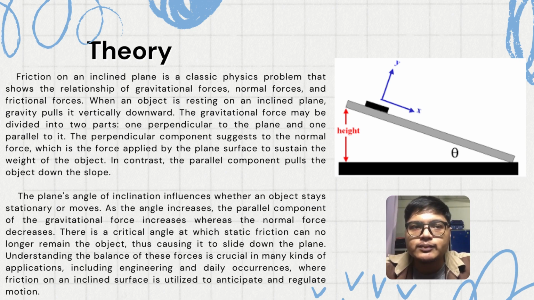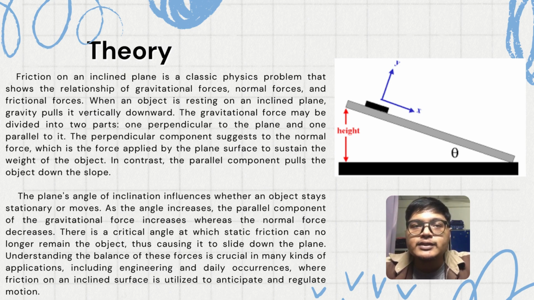The gravitational force may be divided into two parts, one perpendicular to the plane and one parallel to it. The perpendicular component corresponds to the normal force, which is the force applied by the plane surface to sustain the weight of the object. In contrast, the parallel component pulls the object down the slope.